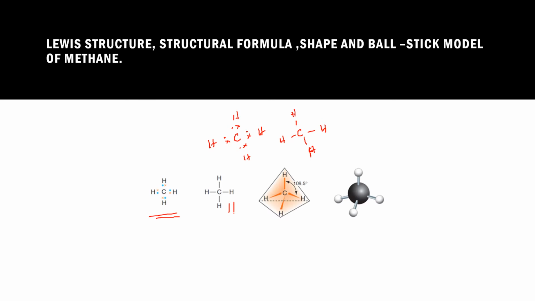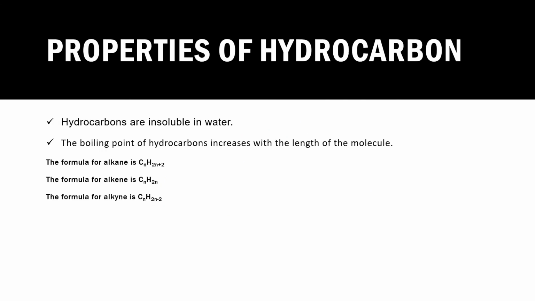This is the actual space representation of methane. It has a 109.5 degree angle between these planes. This is a good thing to know. This is the ball-and-stick model. This is how we represent the methane molecule. We move to the next slide.